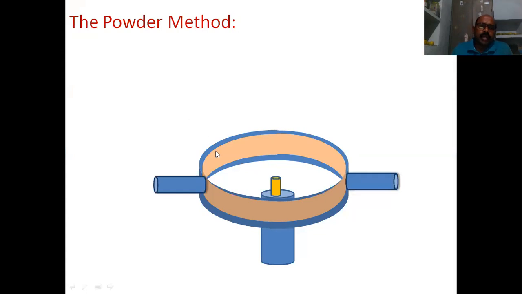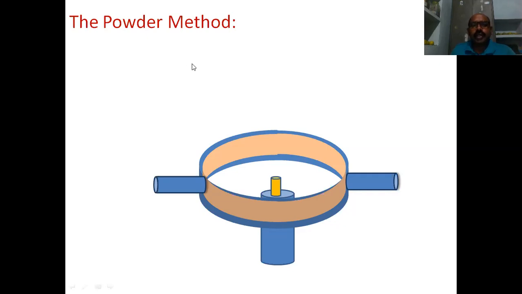So this powder method is the simplest, the most convenient and the fastest method. That means we can get the data very quickly, and it is convenient to get the sample, and it is applicable for all solids, all materials.